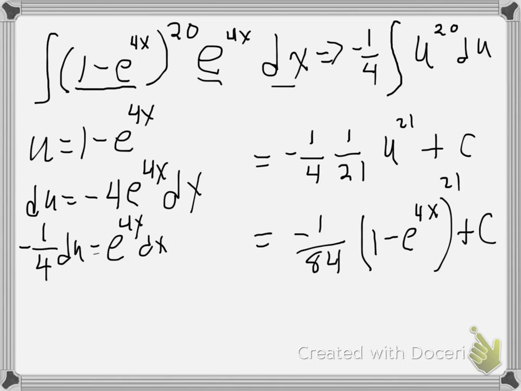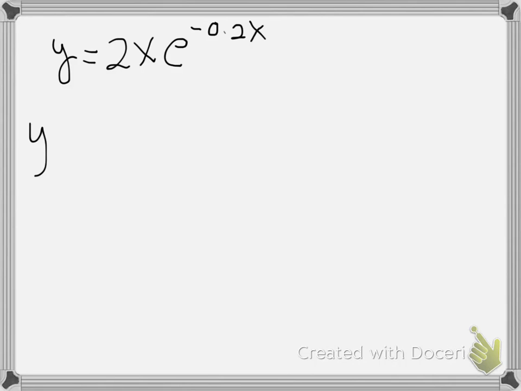Let's take a look at some derivatives now. And the first one is y equals 2x e to the negative 0.2x. Well, to find y prime, we've got to use the product rule here.